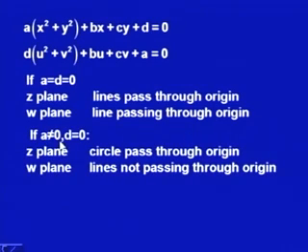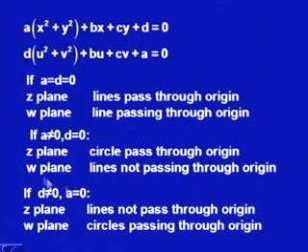However, if a is not 0 and d is equal to 0, then z plane will represent a circle passing through origin and w plane will represent lines not passing through the origin. So, that is how circles passing through origin in the z plane will become lines not passing through origin in the w plane.